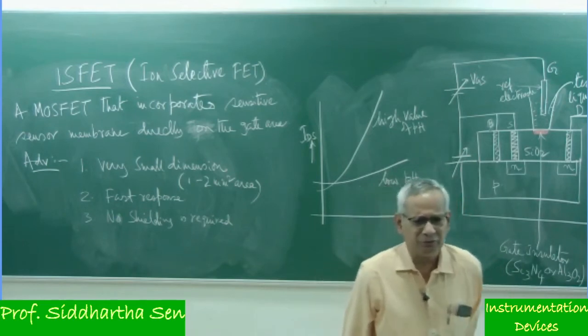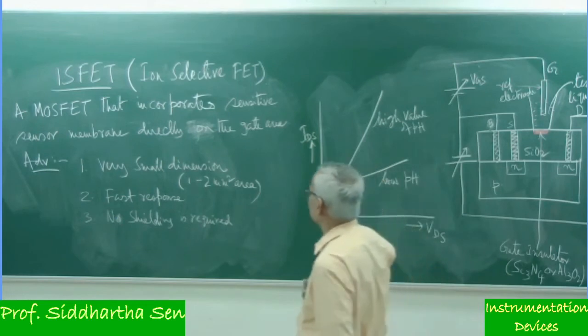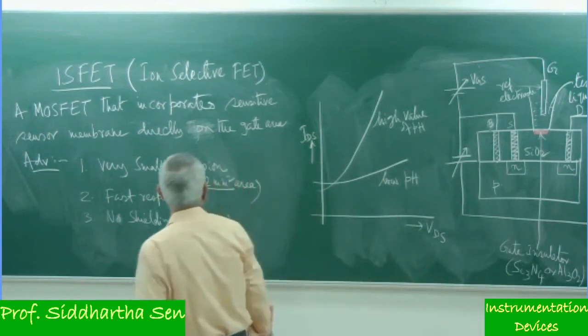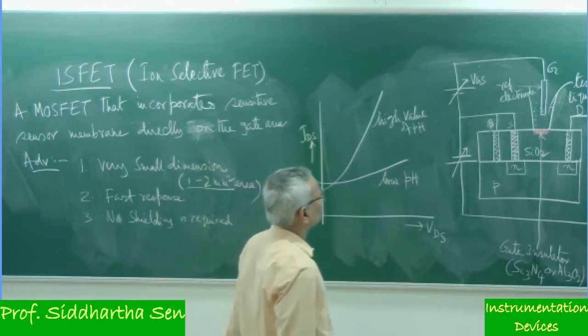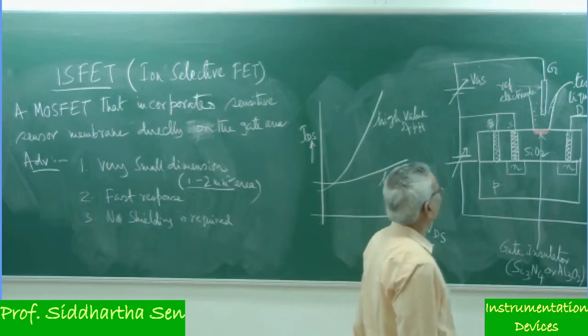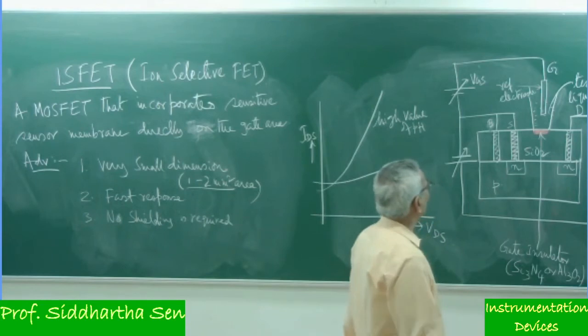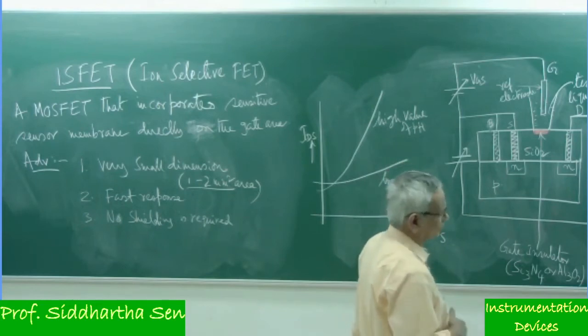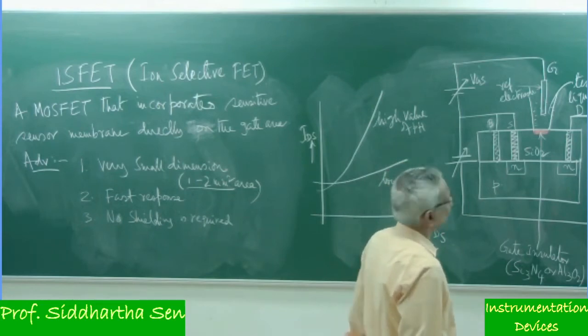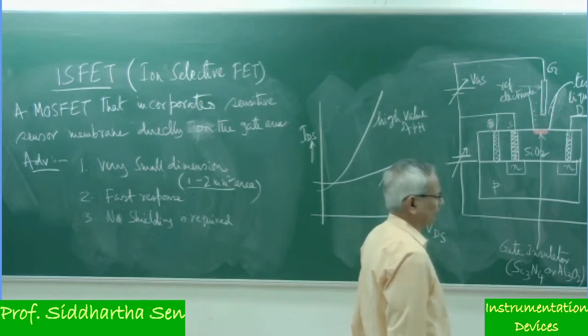So it's a very small size, as you have seen, 1 or 2 millimeters of area. And also, if you want to test any liquid, a very small amount of liquid will do. Normally, they are use and throw type, but the cost is low. You can afford that one.